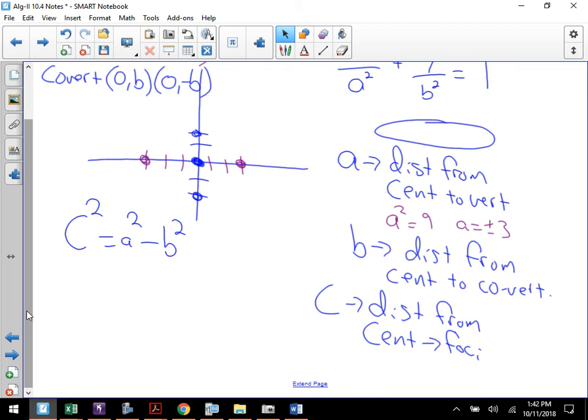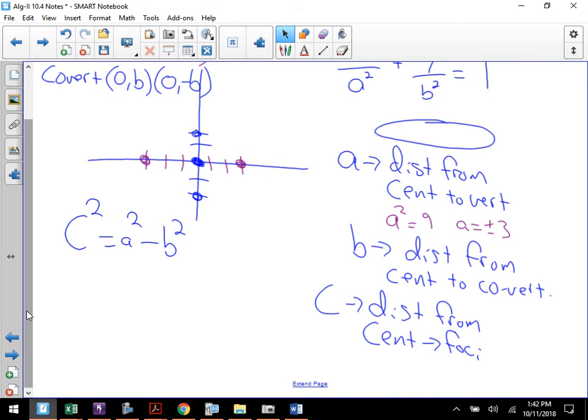So we have our things, x squared over a squared, y squared over b squared equals 1, or x squared over b squared, y squared over a squared equals 1. A squared is always bigger than b squared for an ellipse. Hyperbola has its own rule.